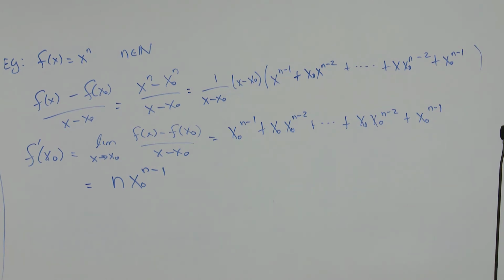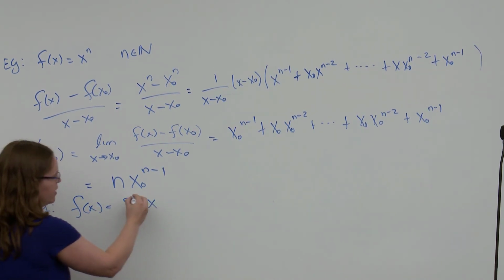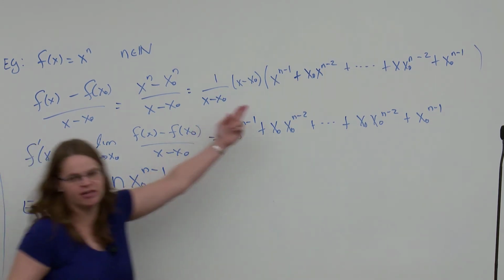I'm not going to do this calculation here because it's like 2 pages long or something. But I think it's instructive just to see that we can actually get formulas for more complicated things. So this one, I think I will post the calculation on Moodle just so you can see something more complicated. So f of x equals sine of x. You're not simply factoring out an x minus x naught in this case.